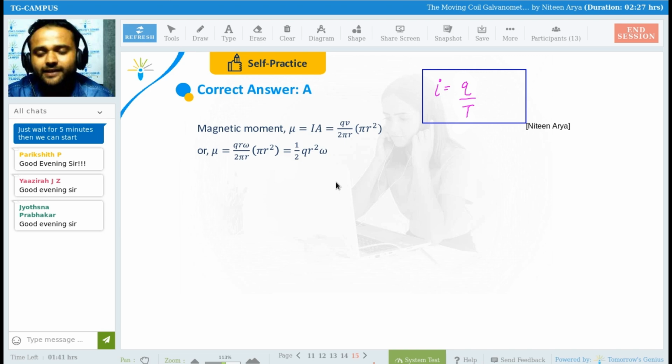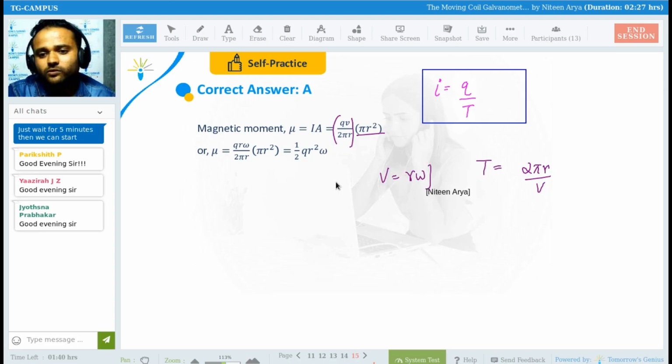So I is Q by T, and T you know already, T is 2 pi r upon V. Put it down and you can get this. This is your I, this is your A. The main change we do here is putting V equals R omega, nothing more than that. Clear?